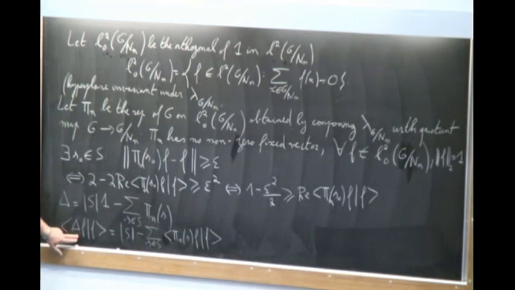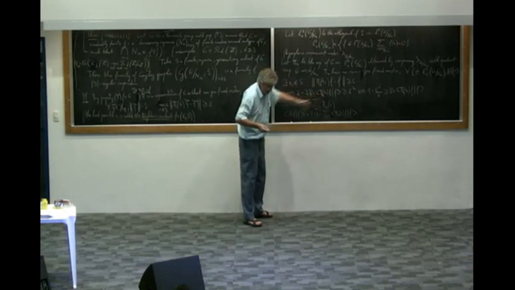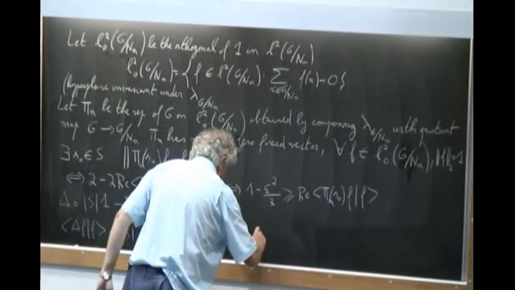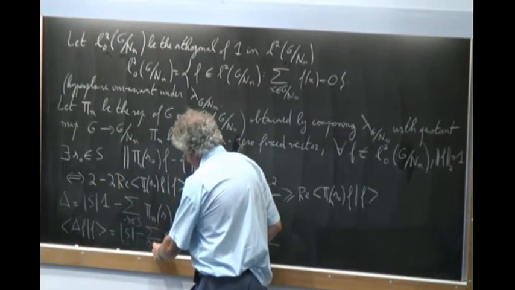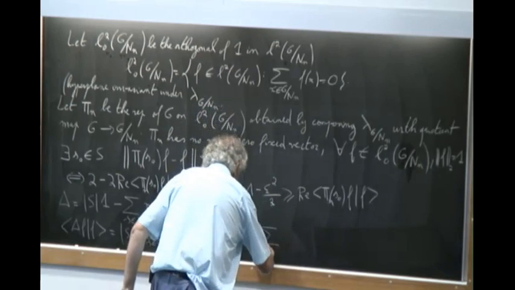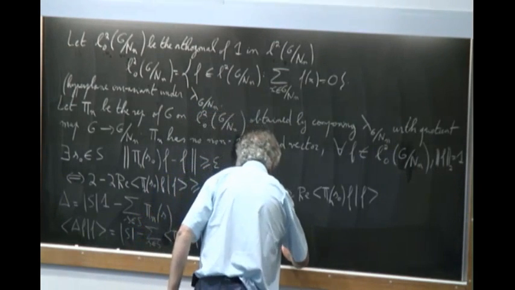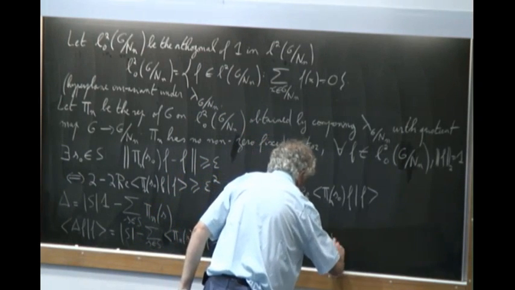On the left-hand side, the result is real. It's a non-negative number. So I can put the real part all over. So this is the cardinality of S minus, and here, in this sum, I will separate the term corresponding to S0. So here I will sum over s distinct from S0, real part of pi of s f, f.